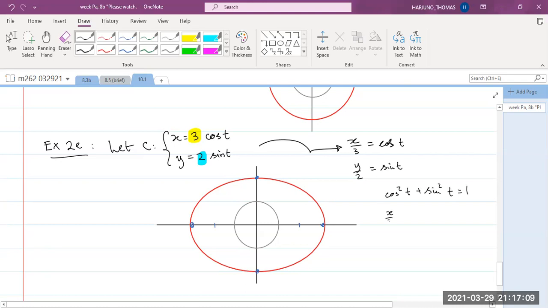So (x over 3) squared plus (y over 2) squared is equal to 1. But this is basically the equation of an ellipse centered at origin with major axis along the x by a factor of 3 and minor axis along the y-axis by a factor of 2.